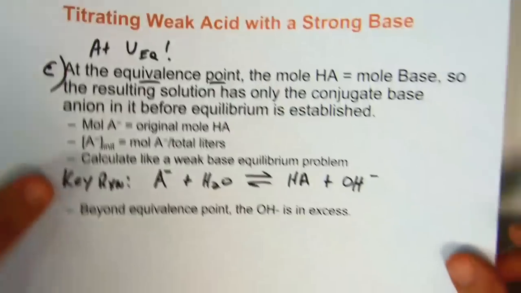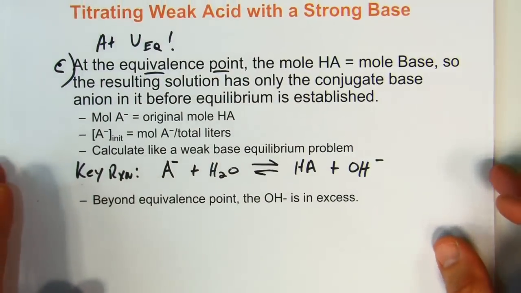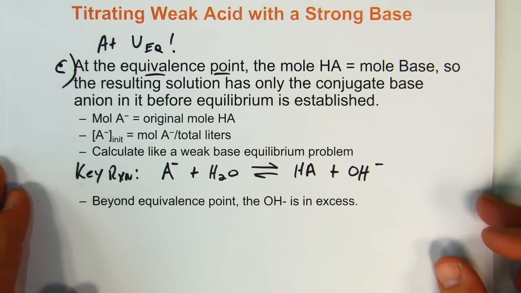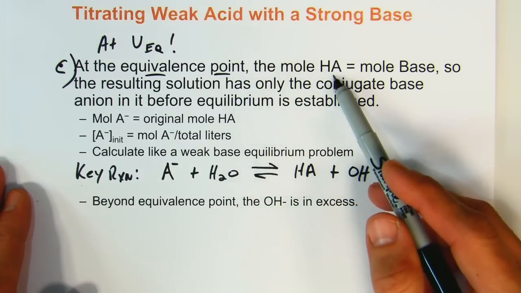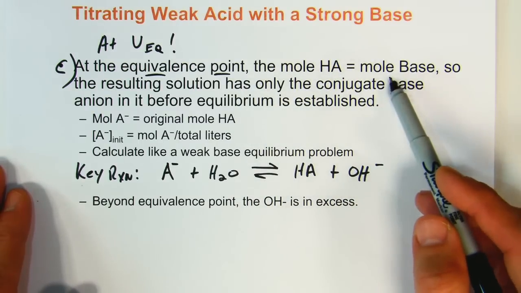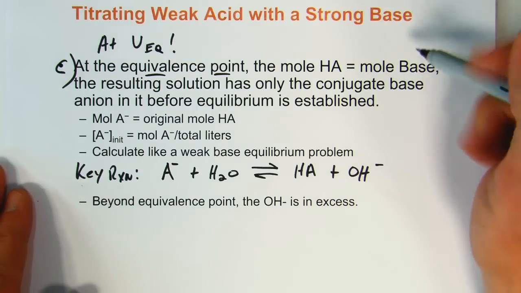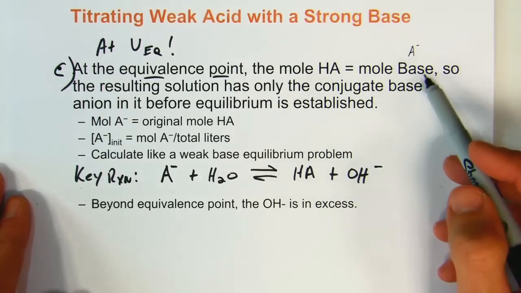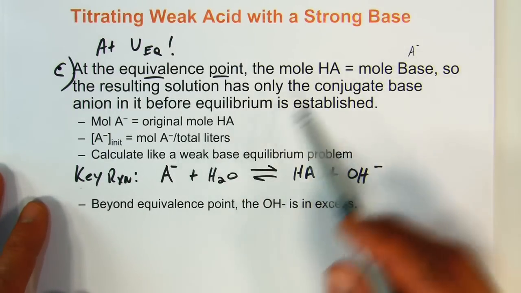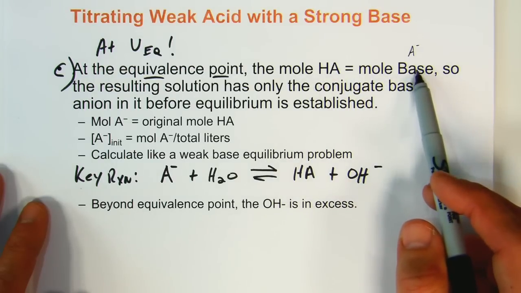But there are a few other points along the curve that we should talk about before we begin a sample problem as well. What if you keep titrating and you get to the equivalence point? Well, at the equivalence point, all of the acid has been converted into the base. Here we call that the A minus form in this example, because HA is with the proton, the A minus is the base, the conjugate base. At that point, all of the acid was converted to the base.